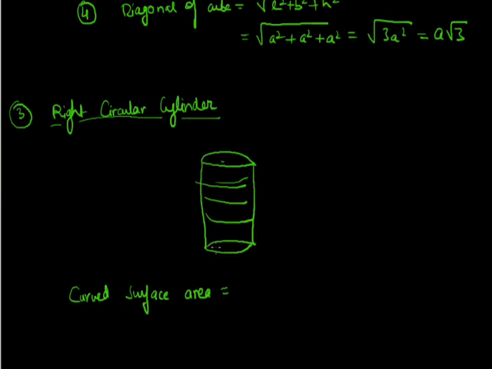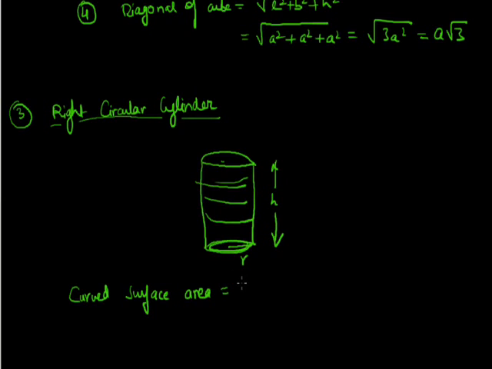The top and bottom part is a circle, so definitely it has some radius. Let's take this radius as r, and let's take the height of the cylinder as h. This is the height, or you can say the length, of the cylinder.